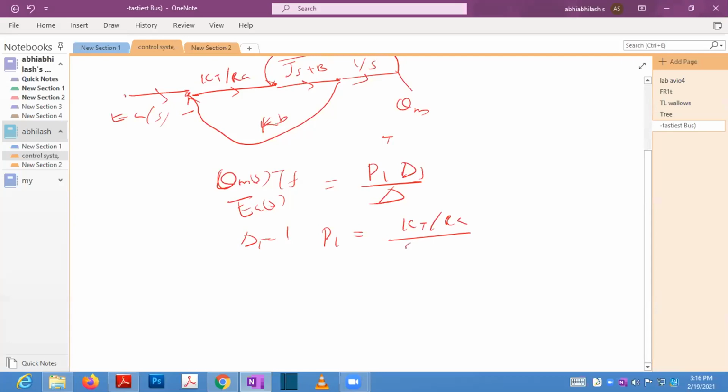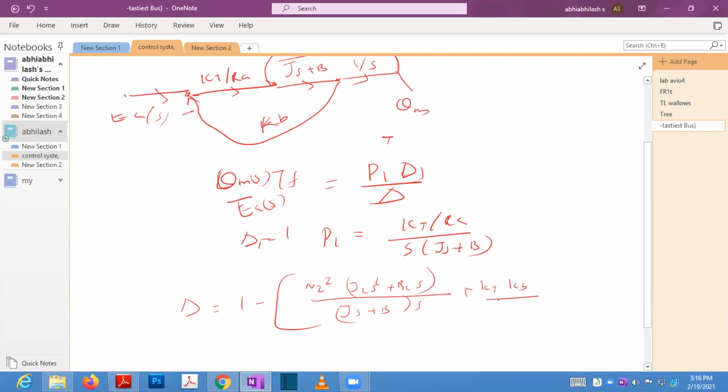P1 is equal to KT by RA divided by S into JS plus B. Right? Yes, sir. And delta is equal to 1 minus N square JL S square plus BL S divided by JS plus B, into KT KB by RA divided by JS plus B.